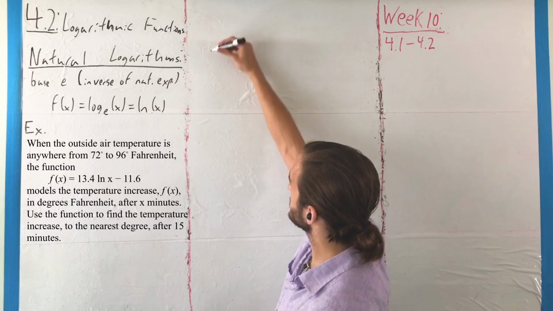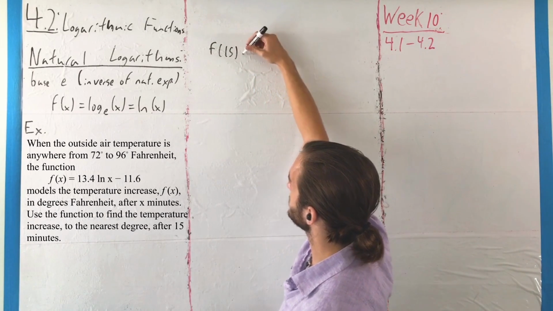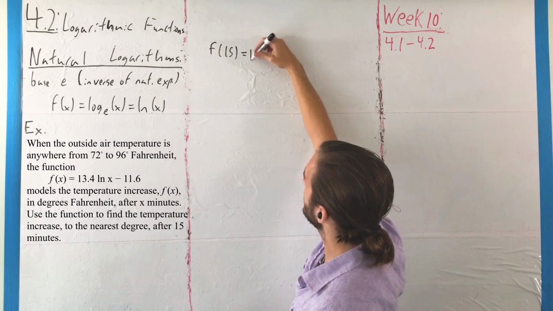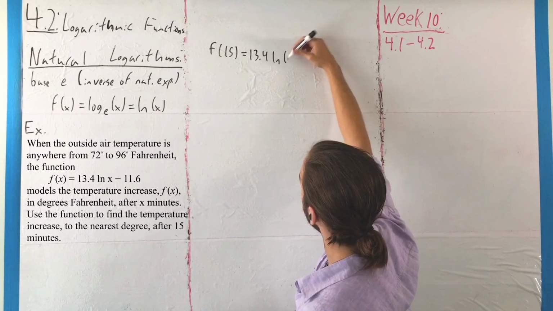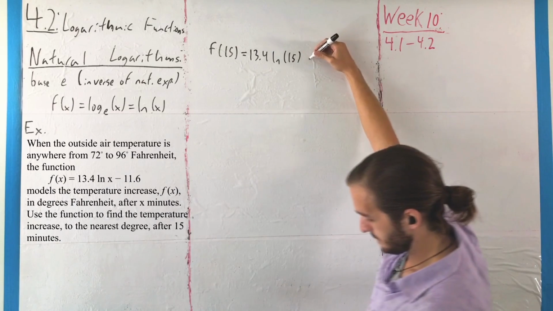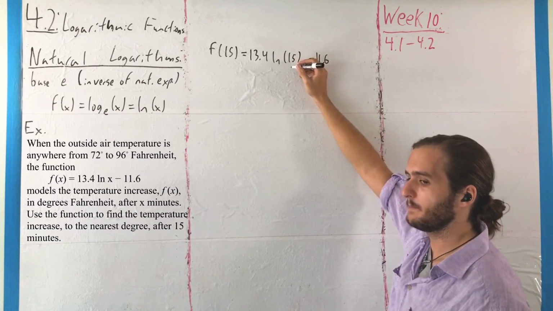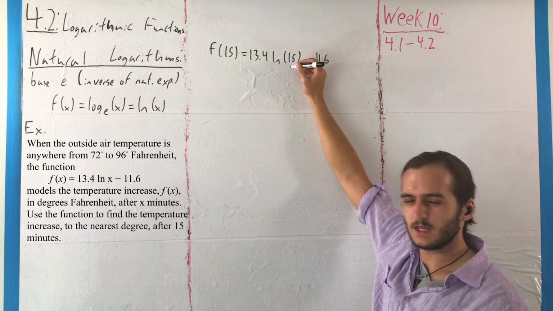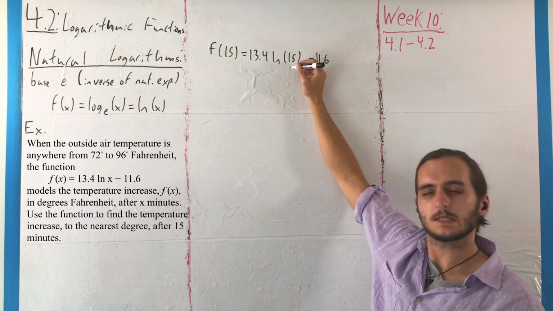Because what happens here for our function, based on the definition we have, is that after 15 minutes, we'll be looking at f of 15. That's 13.4 times the natural logarithm of 15 minus 11.6. Where that says here, what power of e would give you 15? Remember, e is about 2.7.